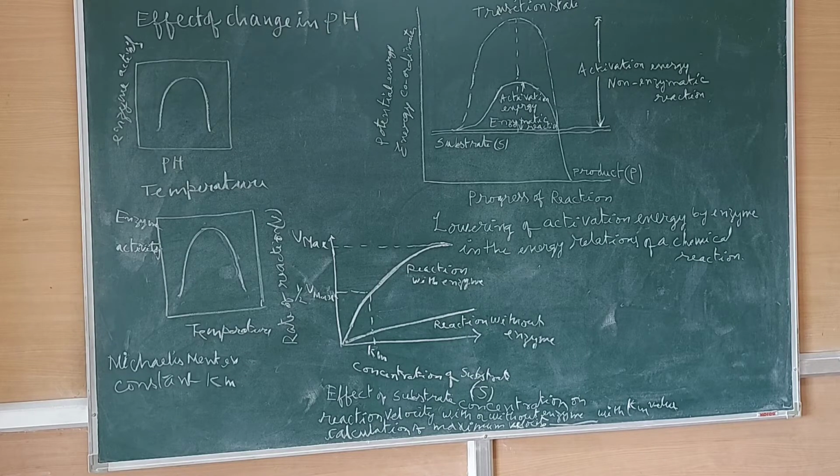Low temperature inside cold storages prevents spoilage of food in two ways: one, inactivity of enzymes present inside the food article, and two, non-activity of microbes because their enzymes also become inactive at low temperature. High temperature destroys enzymes by causing their denaturation. This occurs at 50 degrees centigrade or so.